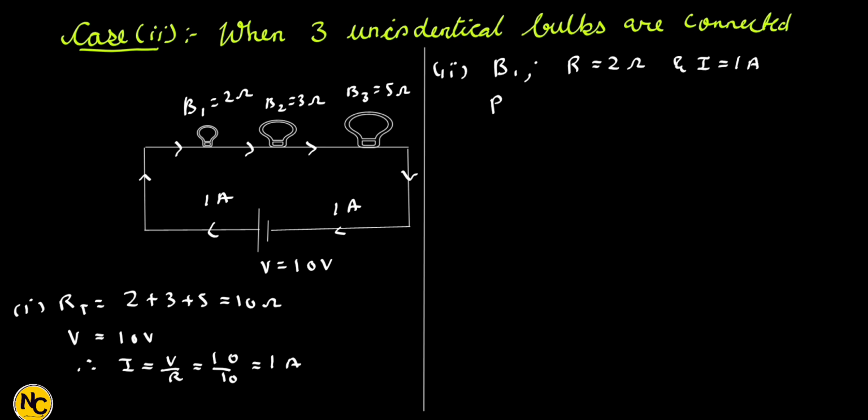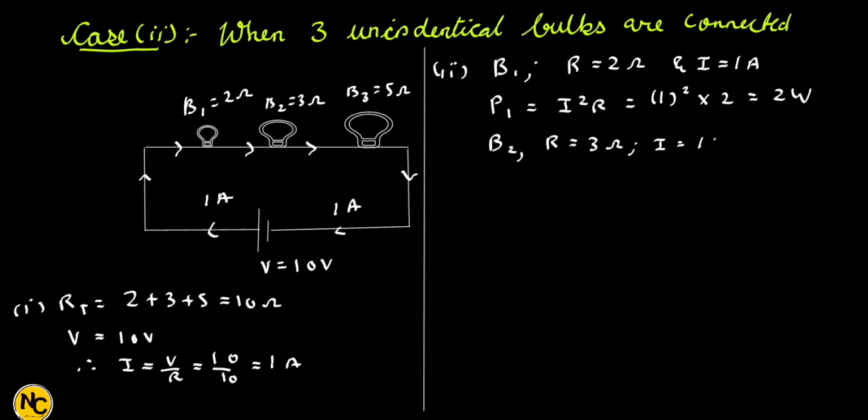Just now we saw that power is I square R. So 1 square into 2, so we will get 2 watt. For bulb 2, resistance is equal to 3 ohm and current is equal to 1 ampere. So power of the second bulb will be I square R, which is 1 square into 3. So we will get 3 watt.